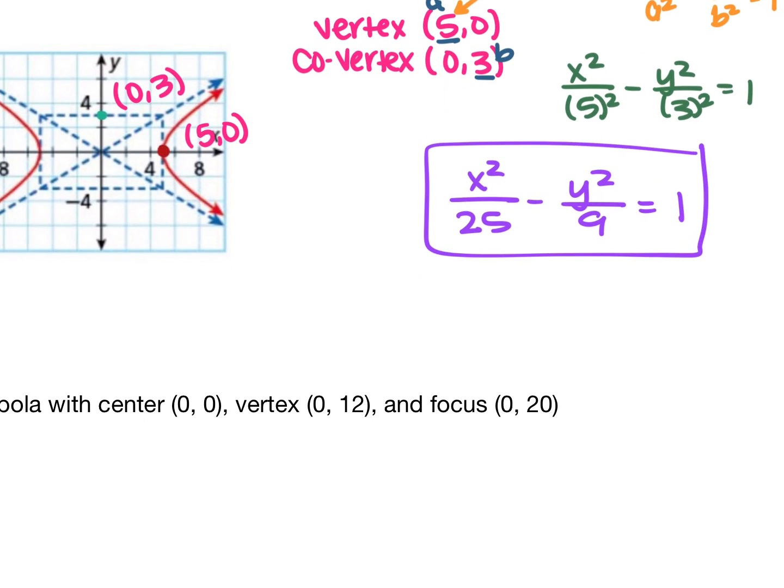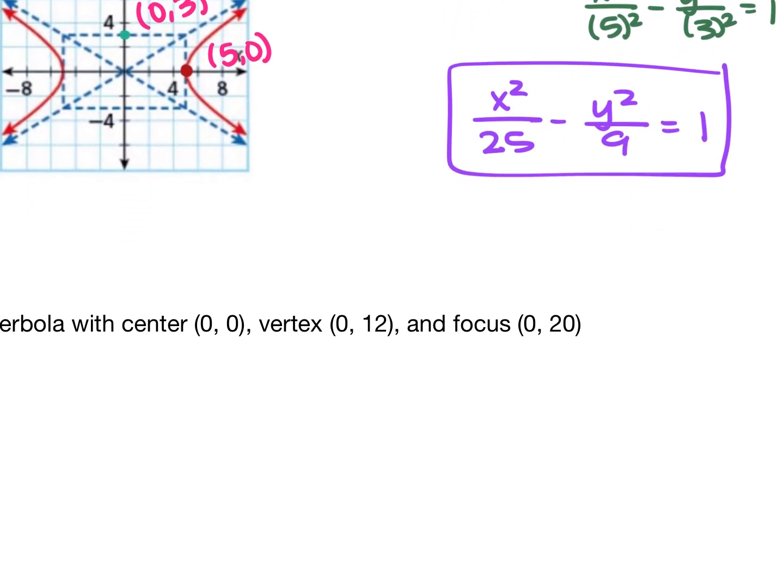For example B, you have a hyperbola with a center of 0, 0, the vertex of 0, 12, and the focus of 0, 20. So this one gives us a vertex and a focus, so we have our A and our C. To find B, we're going to use A squared plus B squared is equal to C squared.